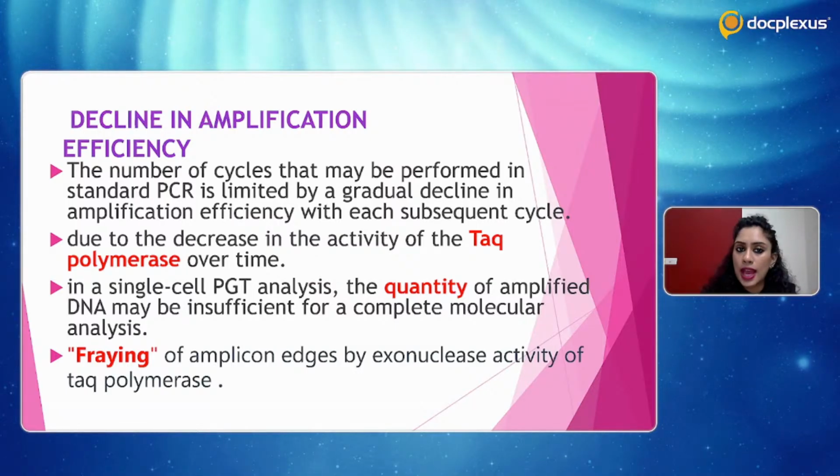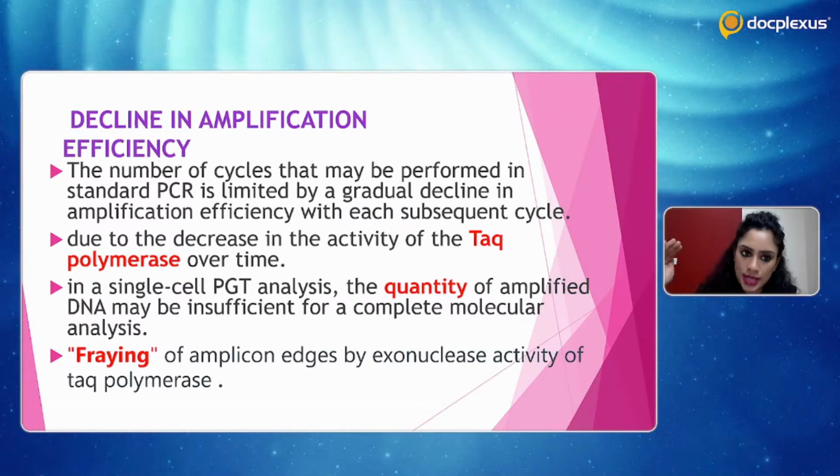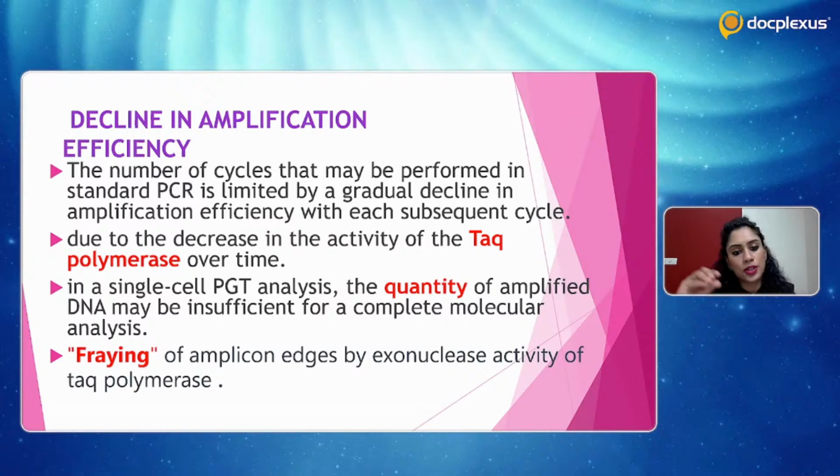What about the decline in amplification efficiency? The number of cycles that may be performed in standard PCR is limited by a gradual decline in amplification efficiency with each subsequent cycle, due to the decrease in the activity of the Taq polymerase over time.